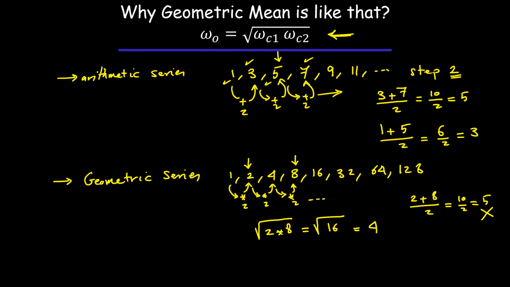Let's say we are given the 4 and 16, and we want the 8, which is the number in between basically. We multiply both. 4 multiplied by 16 will give us 64 under the square root, and the square root of 64 is basically 8.